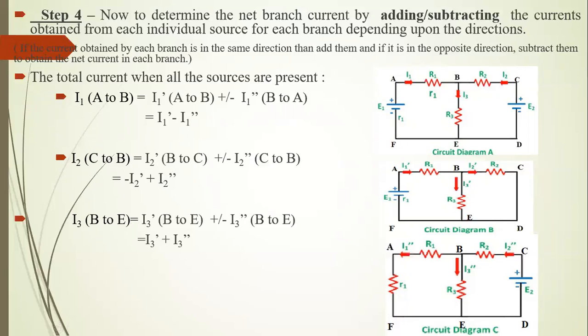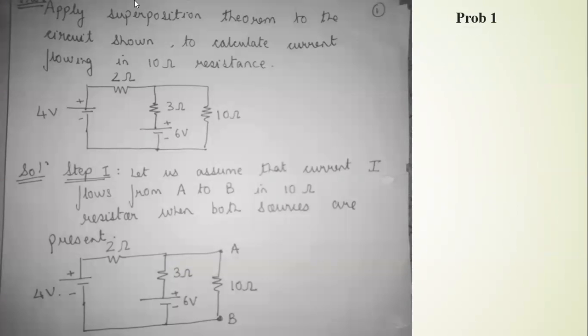So until now, we have seen how to apply the steps of the superposition theorem to obtain the total current contributed by both the sources. Now let us proceed with the numericals. The problem given is: apply superposition theorem to the circuit shown below to calculate the current flowing in the 10 ohm resistor.